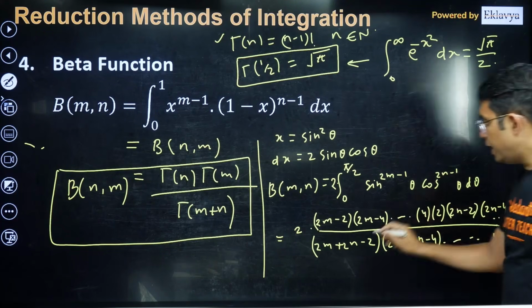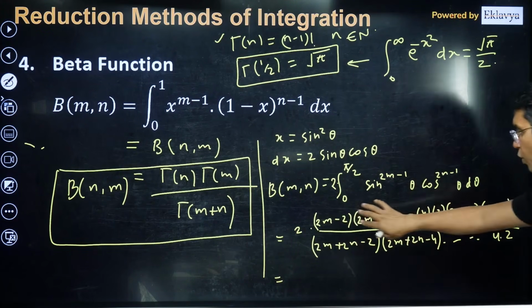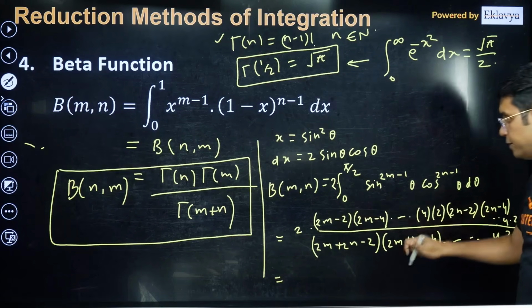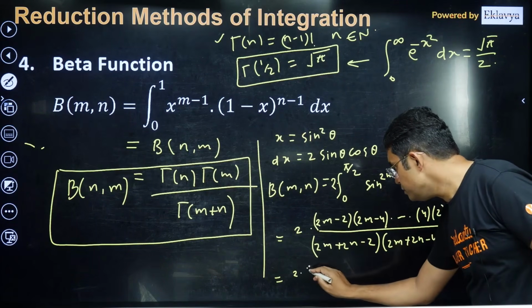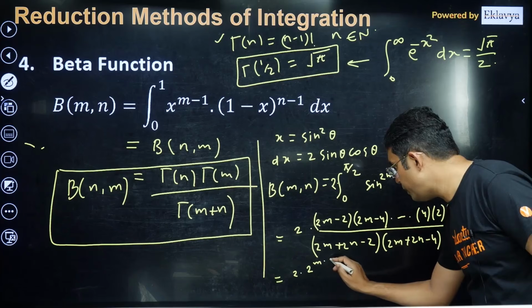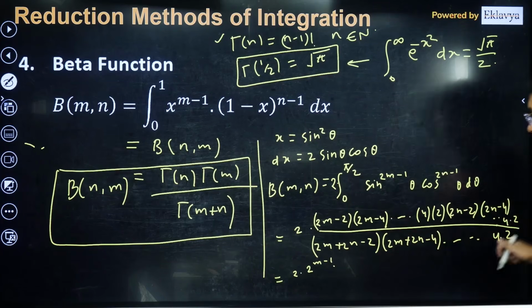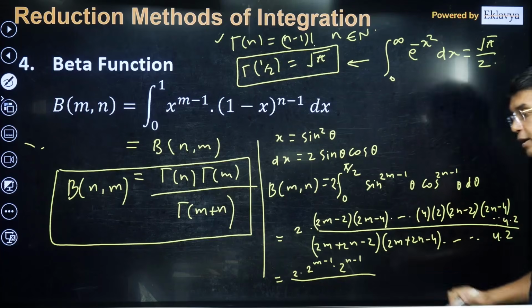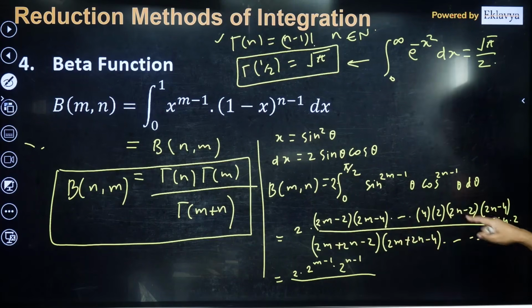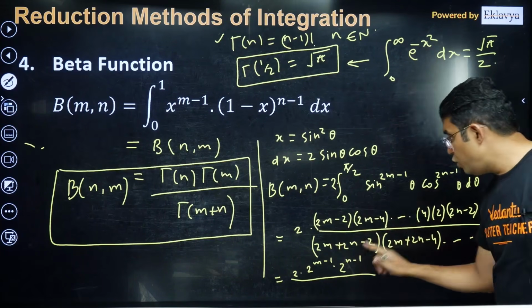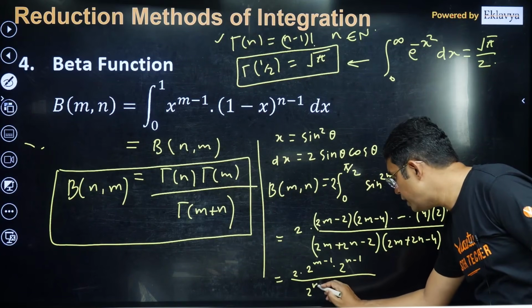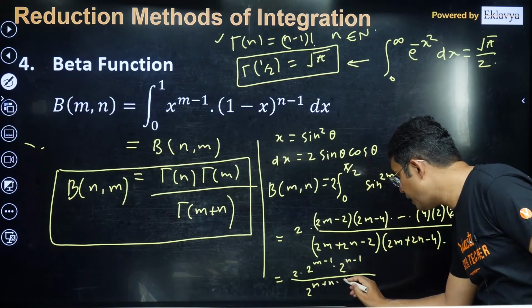Now if I take 2 common from all of them, 2 will be common m minus 1 times here, so 2 raised to the power m minus 1. Similarly 2 raised to the power n minus 1 here. Whereas in the denominator, 2 will be common m plus n minus 1 times, so it will be 2 raised to the power m plus n minus 1.